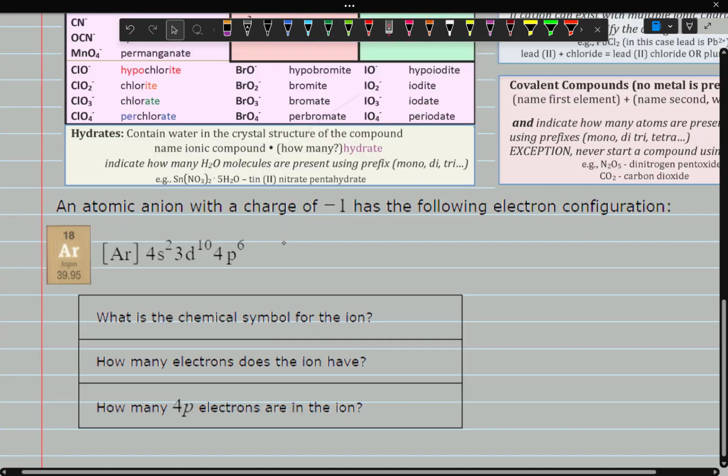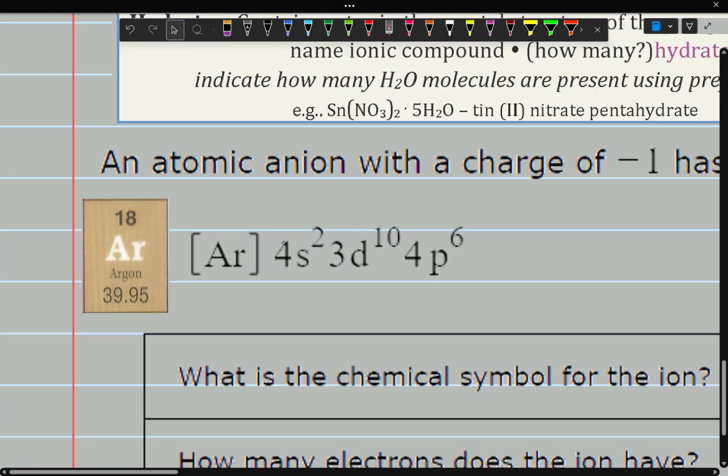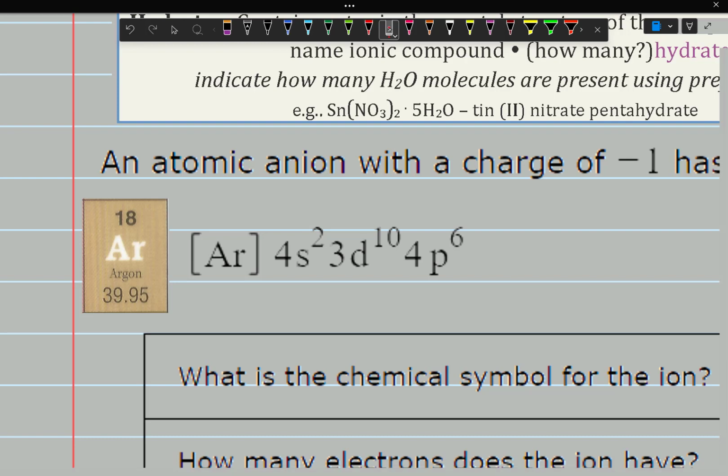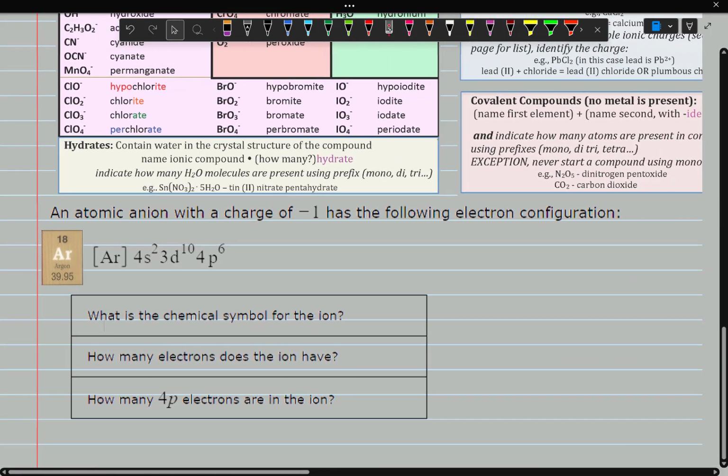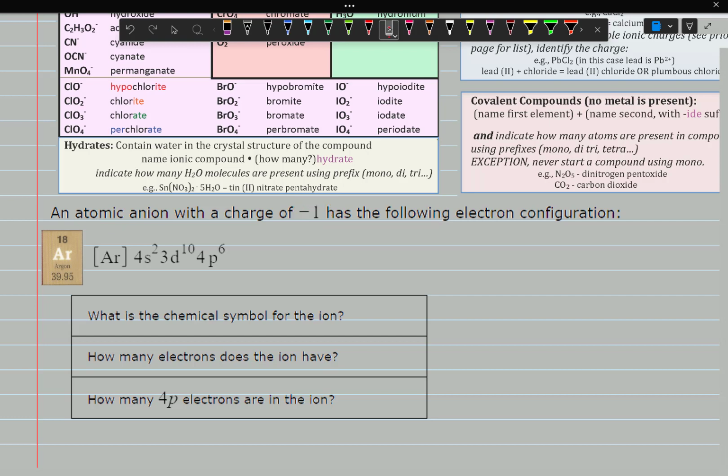So in this one, I've put the periodic table entry for the noble gas that we're using in this one. So here we have an atomic anion with a charge of -1. That's important. And it has the electron configuration of argon plus 4s2, 3d10, and 4p6.